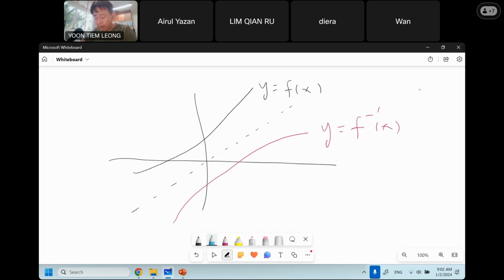When you want to compare the two functions, imagine you have a point on the original function at (a, b). Here, a is the value of the x variable, and b is the value of the variable y.